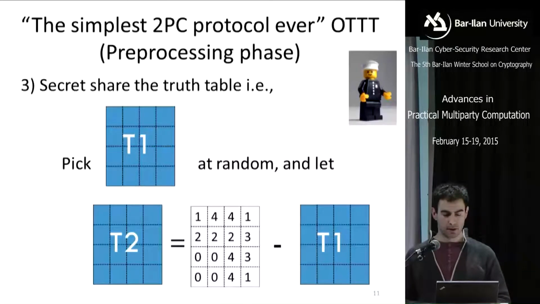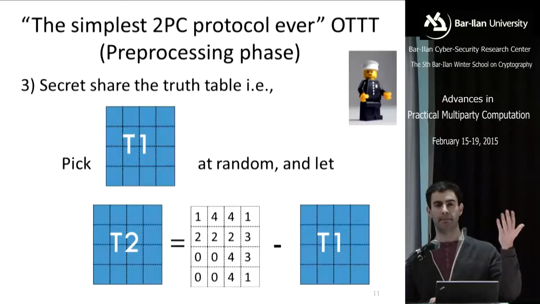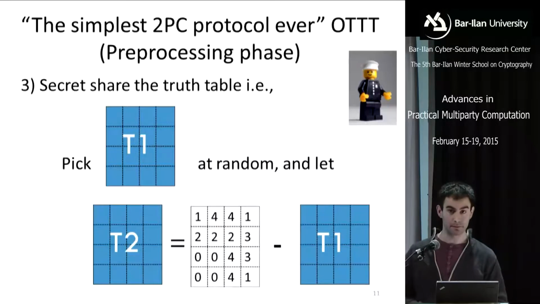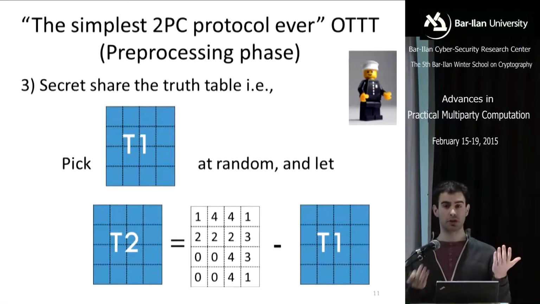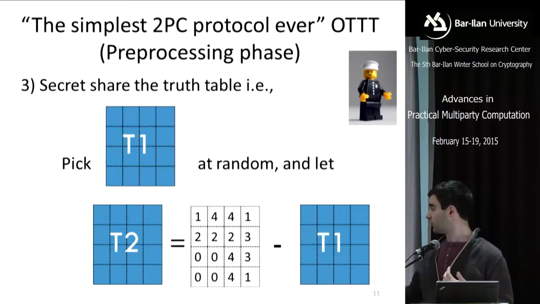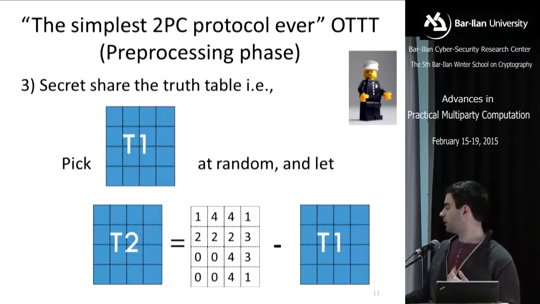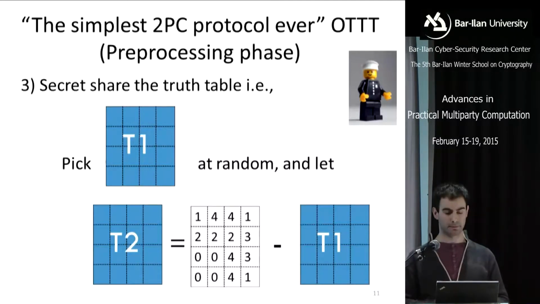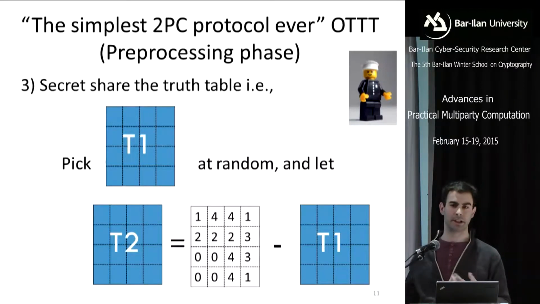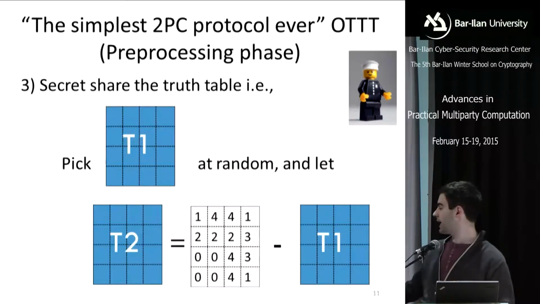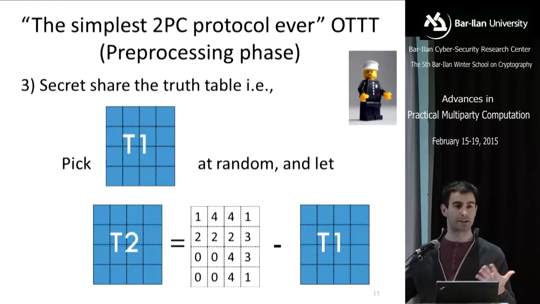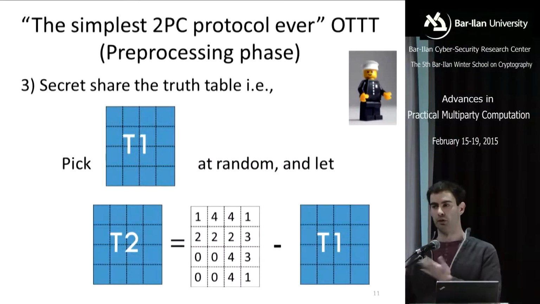Finally, the trusted dealer samples a random matrix T1, and computes T2 as the permuted truth table minus this random matrix T1. So this is simply an additive secret sharing. One note about the notation in the slides: every time you see a plus or a minus, those are plus or minuses in a group.